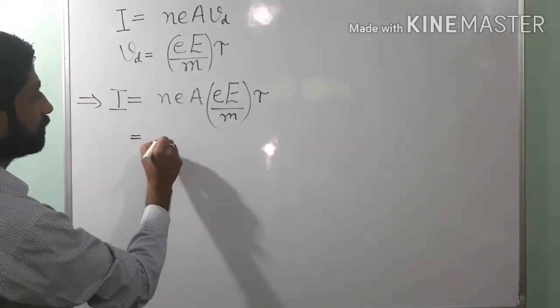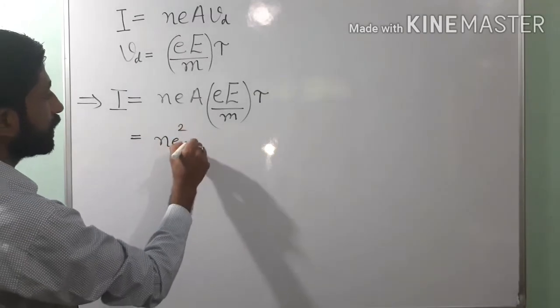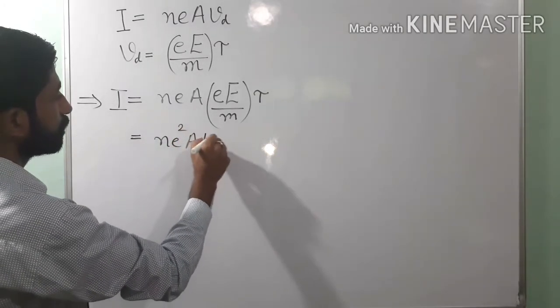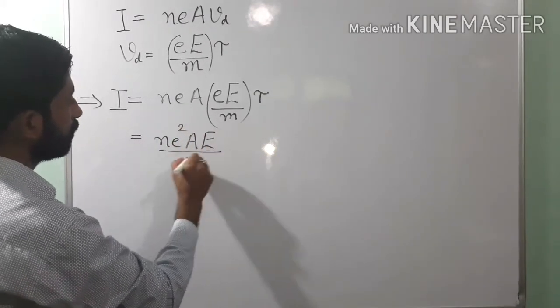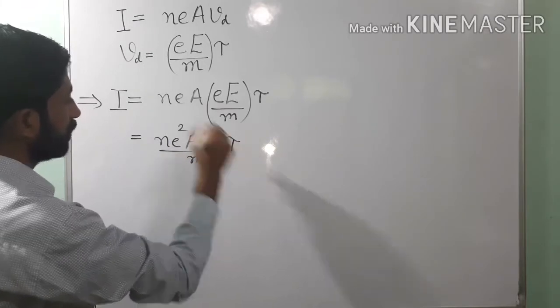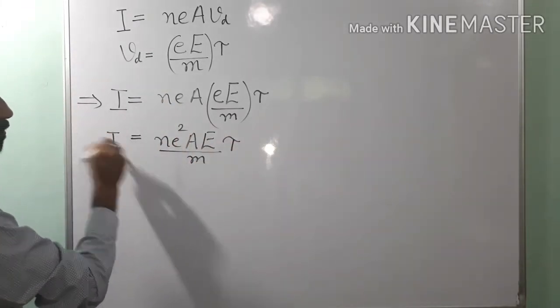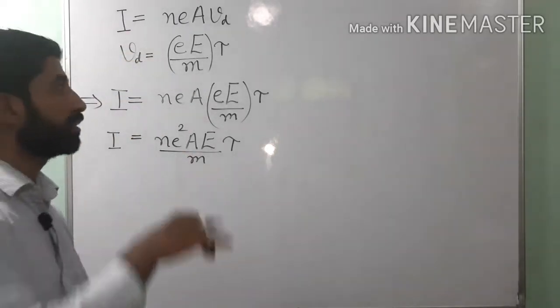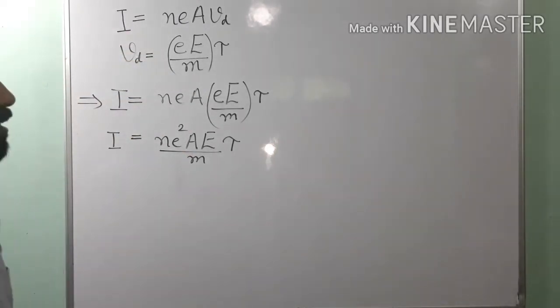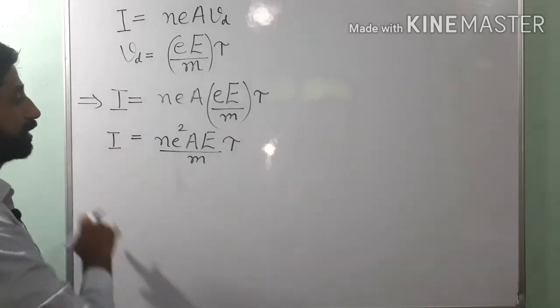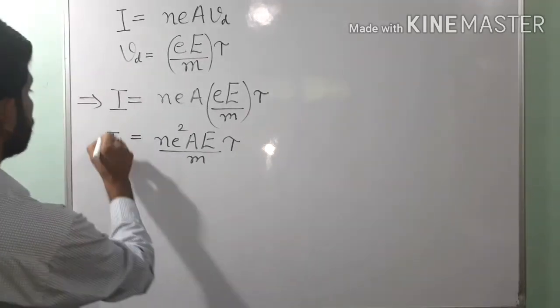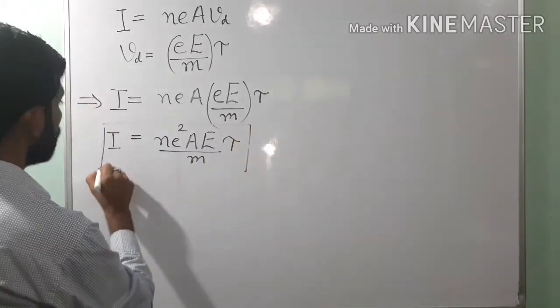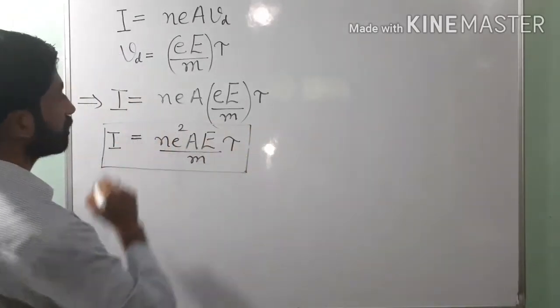So this is giving you I = ne²AE τ over m. Very simple, two relations, and put the value of drift velocity. So we got this relation. So this is going to play some crucial role for us.